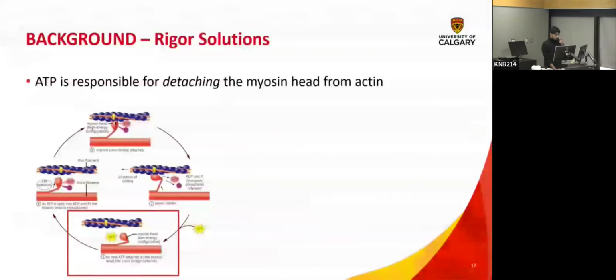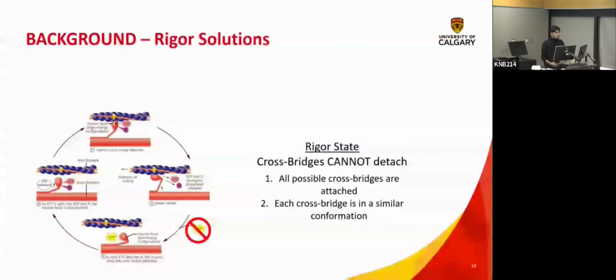So let's quickly go back to what the cross-bridge theory in itself states about what happens during general contractions. When the myosin head interacts with actin, ATP is responsible for detaching that myosin head from actin. So what would happen in a rigor solution where ATP is no longer available to these cross bridges? We think two things are likely to happen. The first of which is that all of the possible cross bridges are going to be attached.